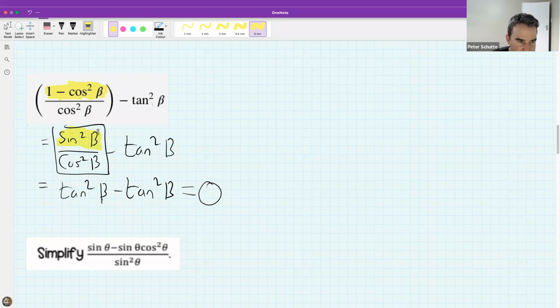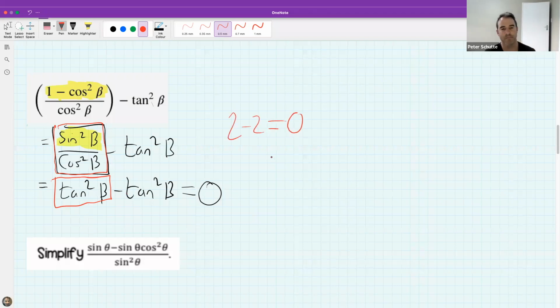And then what I realized is if I look at this whole thing, sine squared beta over cos squared beta is the same as tan squared beta. And then I've got something minus itself, in which case, if you go 2 minus 2, it must be 0. I hope that helps, Ongani.